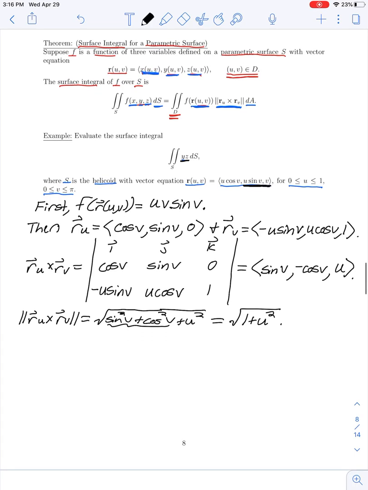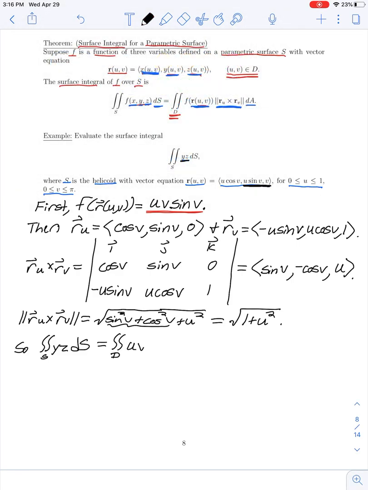So now we're ready to set up our integral for this surface integral. Here we wanted the surface integral of y times z over the surface S, which is given by the double integral over our parameter domain D of y times z, which in terms of u and v, we found to be u times v times sine of v.